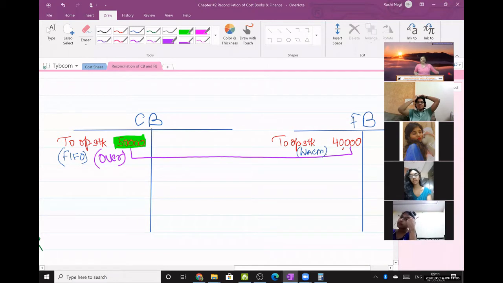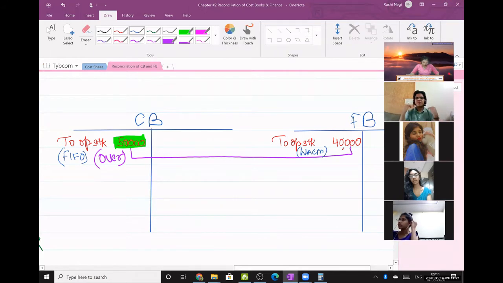Okay, ऐसा क्यों होता है? ऐसा होता है because of income tax. Income tax act does not accept FIFO; they accept weighted average cost method. Okay, so that is why there will be difference in the valuation. So either 50 है, either 40 इसलिए आएगा.